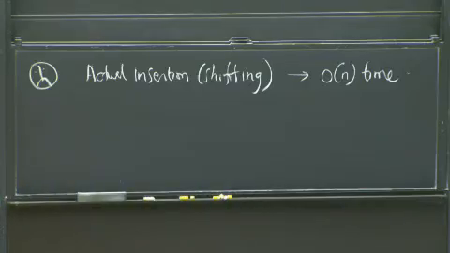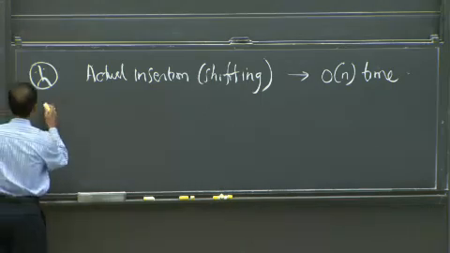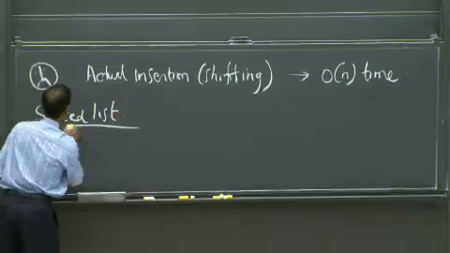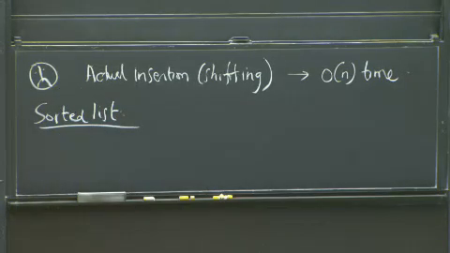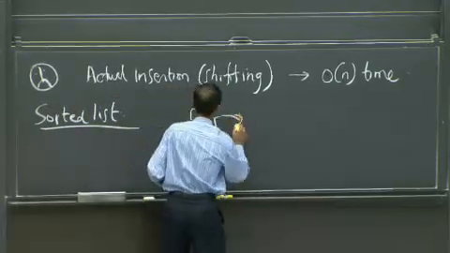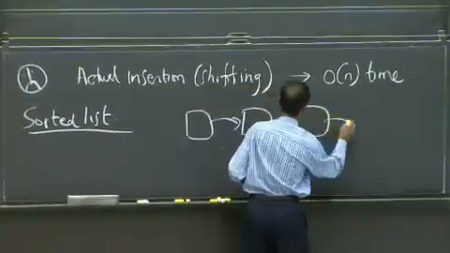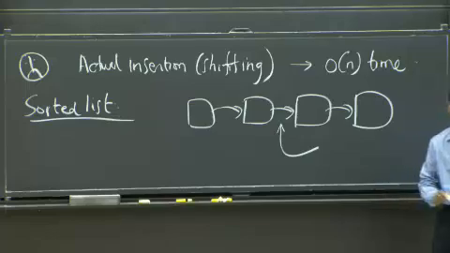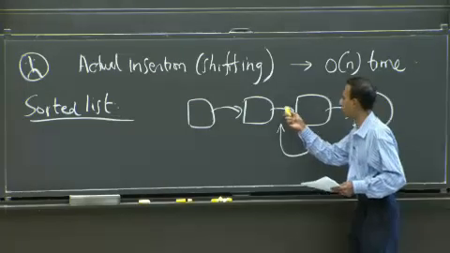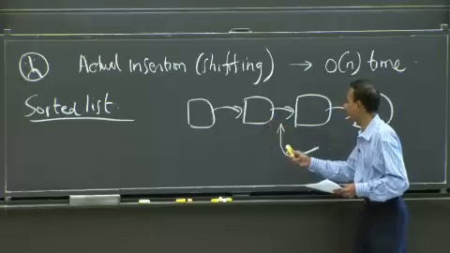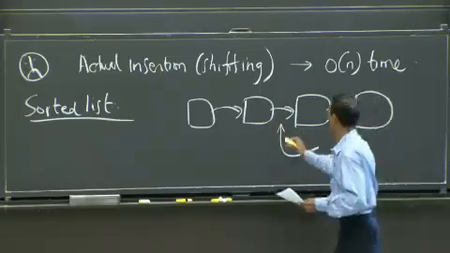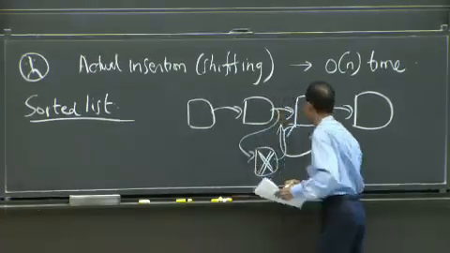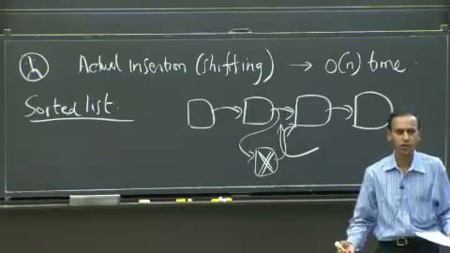So that's the problem. Now, you can imagine that you had a sorted list, and the list looks like this, with a bunch of pointers in it. If I found the insertion point, then the list is nice because you can insert something by moving pointers in constant time once you've found the insertion point.